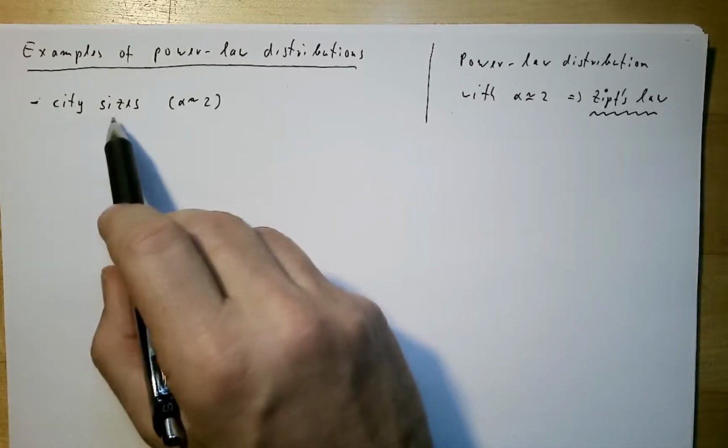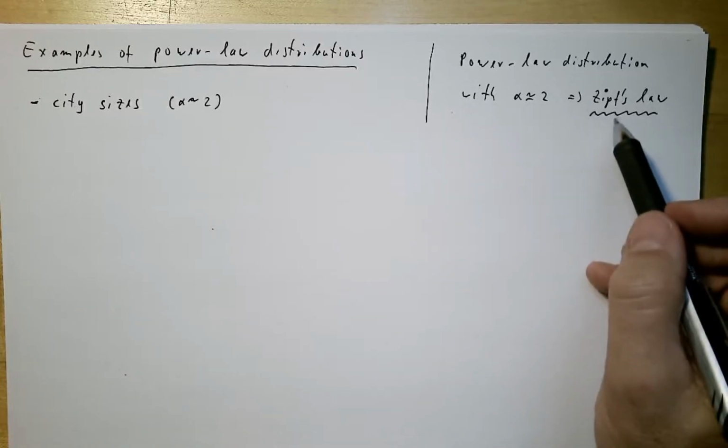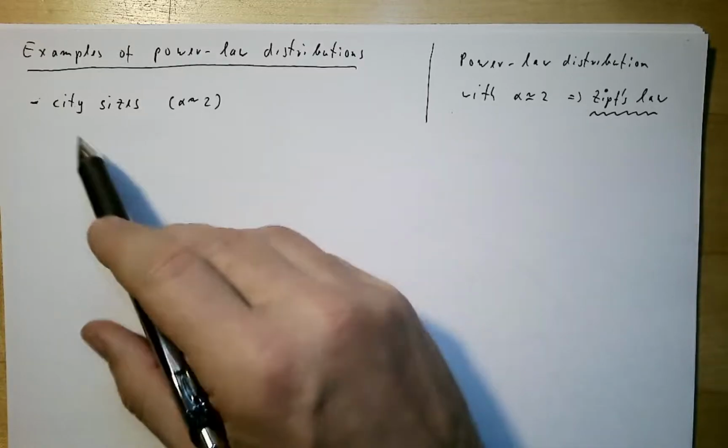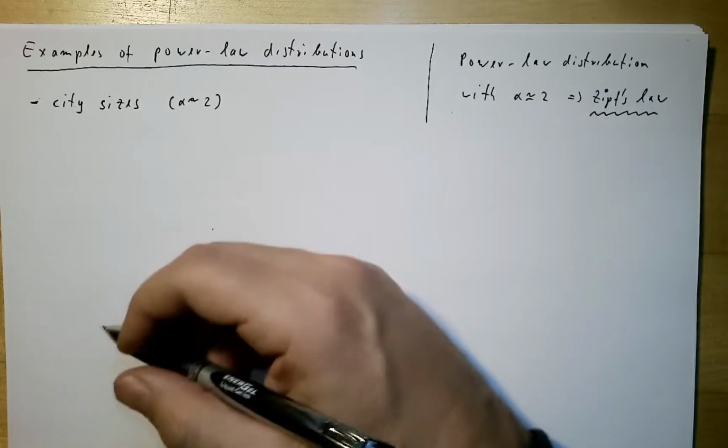So the power law distribution of city sizes is an example of Zipf's law. Zipf was a scientist who was one of the first to find such power law distributions in empirical data.